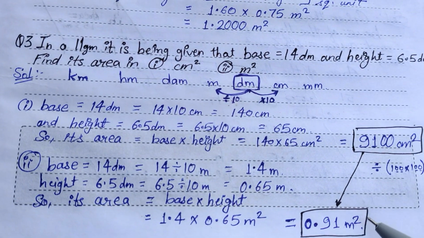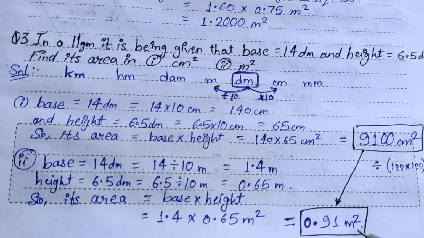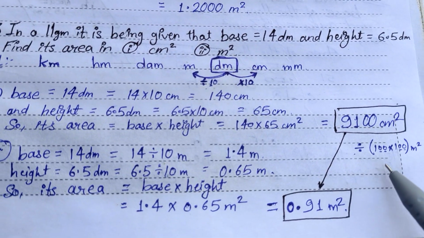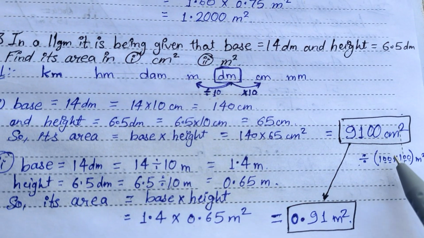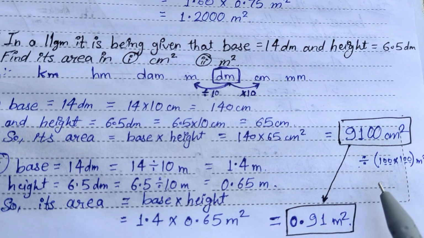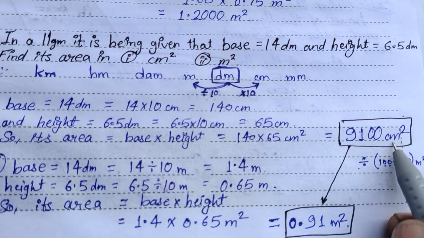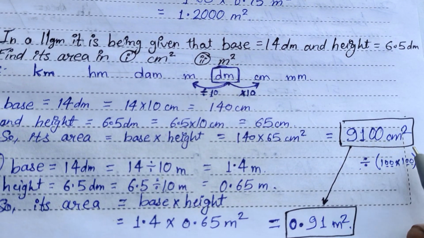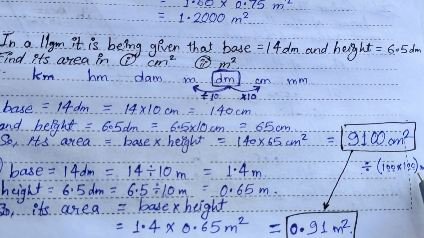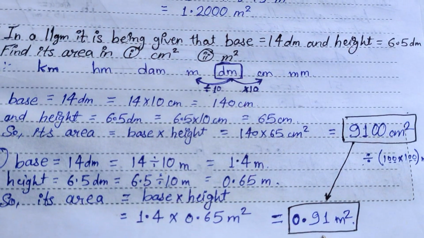Now we can find the area in meter square directly by dividing it with 100 multiplied by 100, because we know that to convert centimeter into meter, we have to divide it by 100. Here we have centimeter square, so we have to divide this 9100 with 100 multiplied by 100 to get the area in meter square.